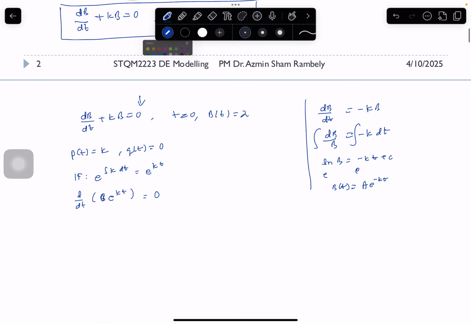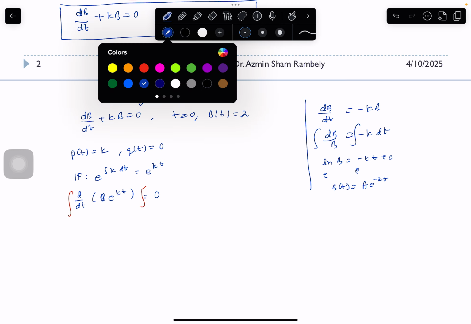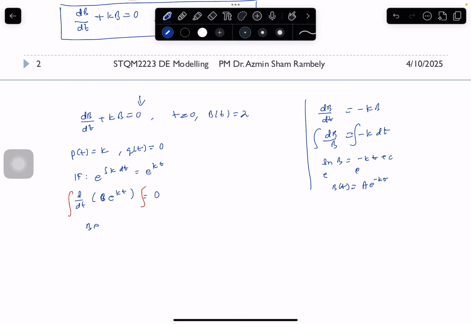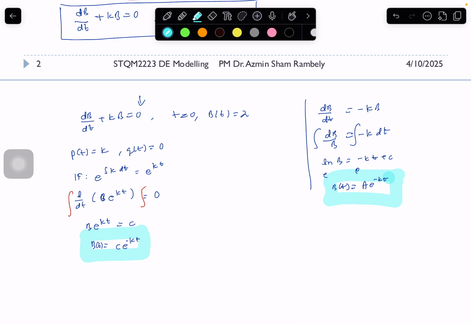Now the next step is to integrate both sides. Okay, so we have b e to the kt is equal to c, and b is equal to c e to the minus kt, right? So it is the same. So this is b of t. Okay, so it is the same as the separating of the variables.